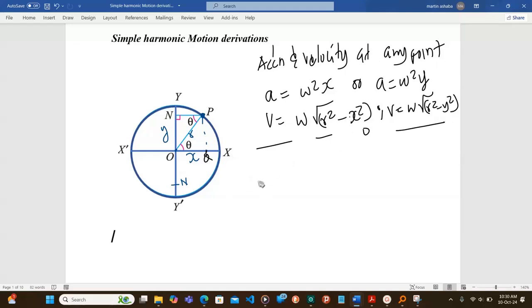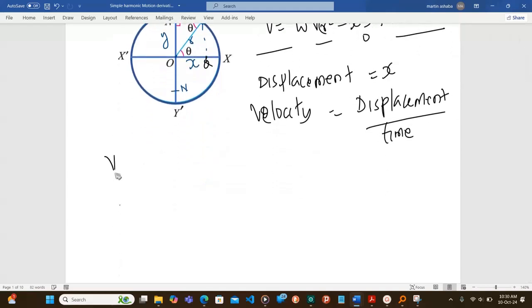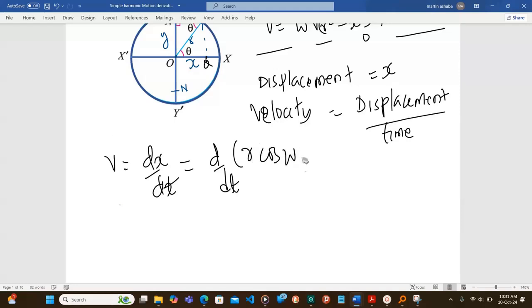So if I take the x-axis, I'll have displacement equal to x. When I talk about velocity, I'm talking about displacement over time, so velocity will be dx/dt, where x is r cos omega t.